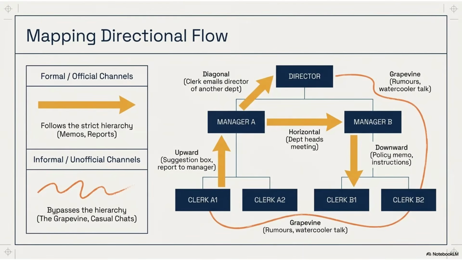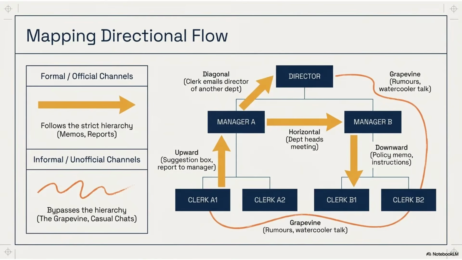So when we communicate, we have formal and informal channels that we can use. Formal communication follows a certain procedure and guideline, and it normally goes in a particular direction.